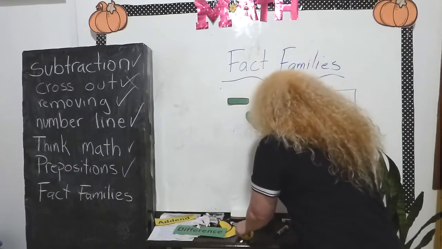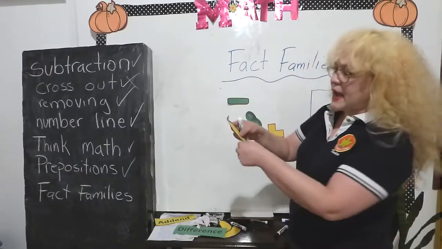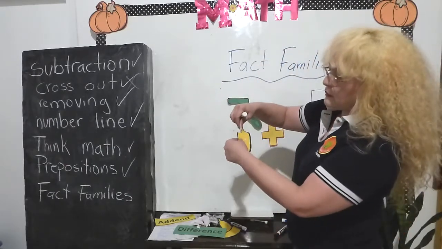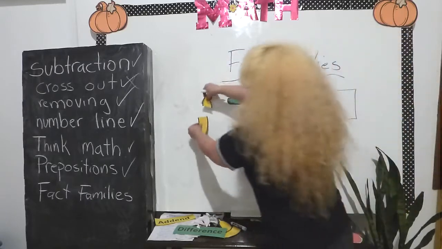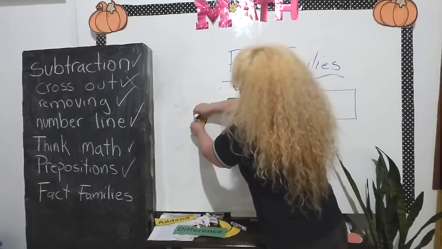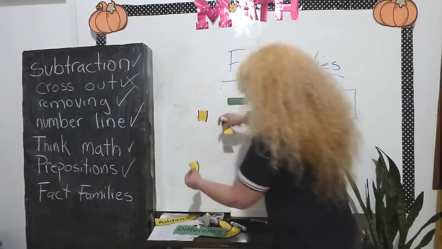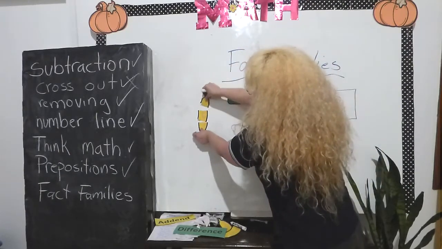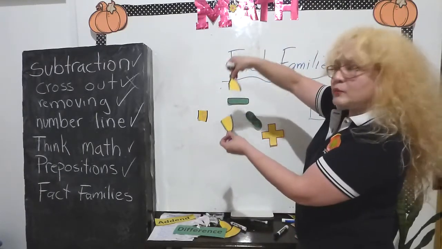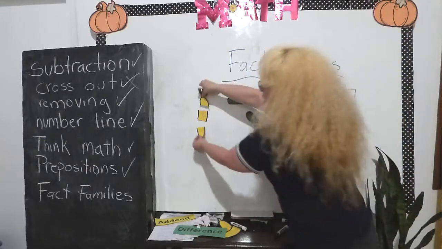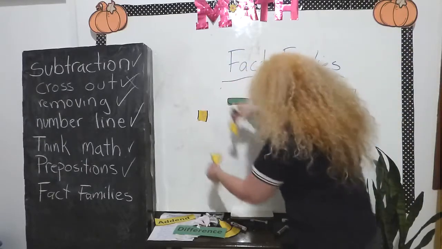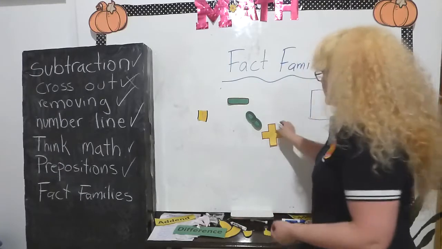Okay? This is a whole banana and this is a part of a banana, right? That's a whole, a part, and a part. Get it? Part, part, and a whole.